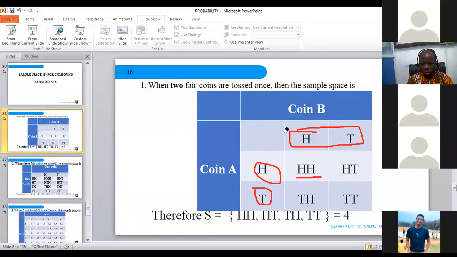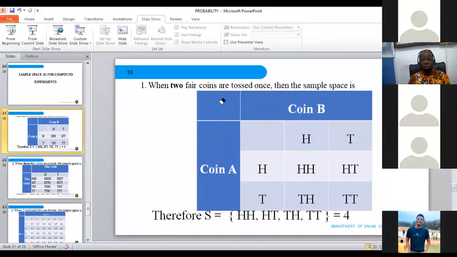We have two coins. Two fair coins tossed once. So if you toss the 2 coins once, it's the same as tossing 1 coin 2 times. Okay. So the set of possible outcomes for coin A will now give us this. Coin A, the set of possible outcomes is going to be head, tail.